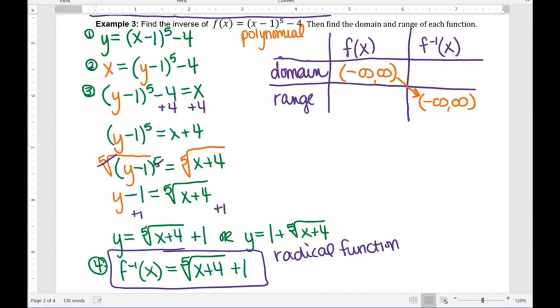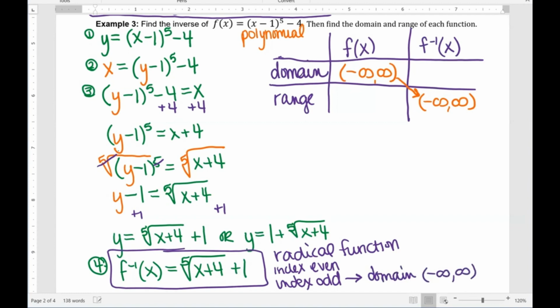Remember, radicals with the domains fall into two categories, index even, or the index is odd. If your index is odd, your domain is immediately negative infinity, positive infinity.